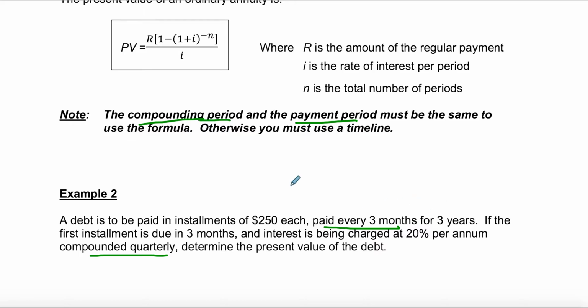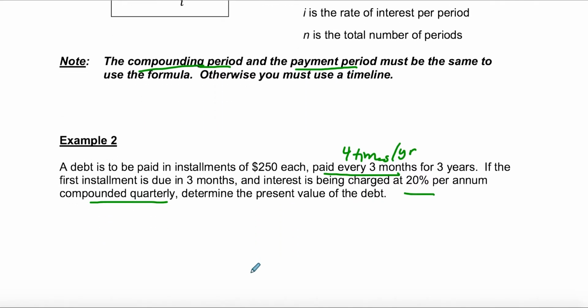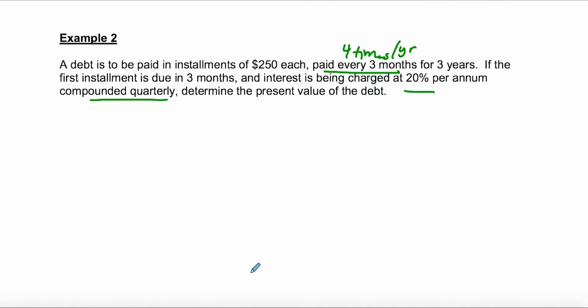So 4 times a year, and then for 3 years. If the first installment is due in 3 months, and the interest being charged is 20% per annum compounded quarterly, determine the present value of the debt.